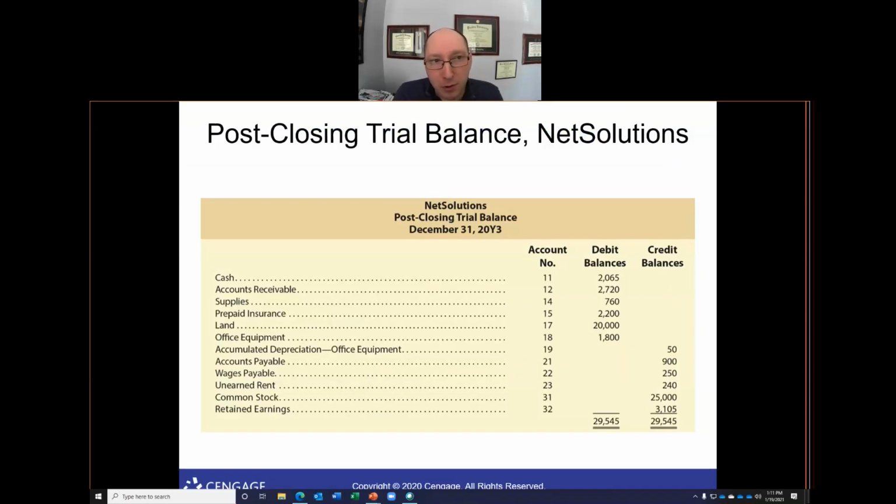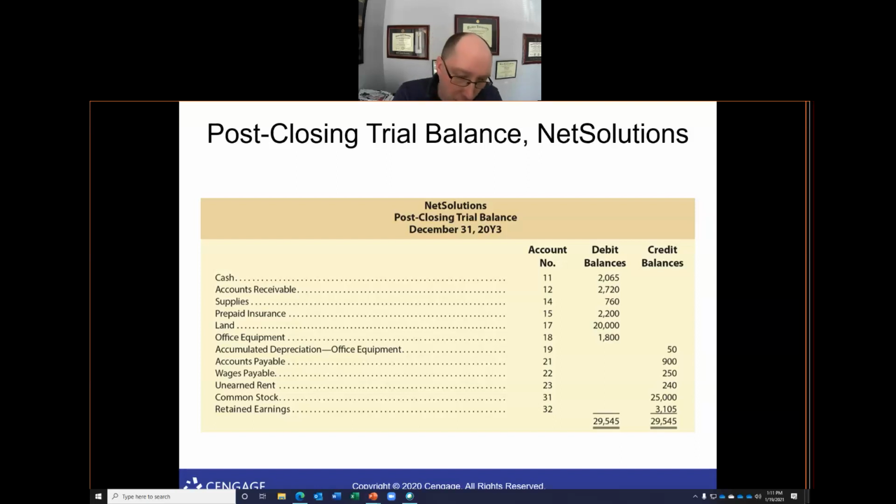So to prepare a post-closing trial balance, we take our accounts and list them out the same way we've done in previous statements. So you've got your assets, your liabilities, your equity, and then you have your retained earnings.